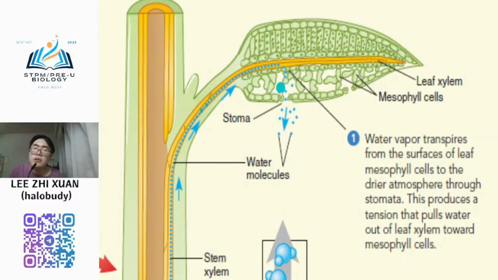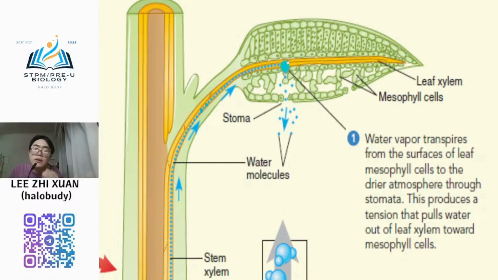So your water molecules need to be replaced for photosynthesis to be efficient and maintained during the sunny day. How is it replaced? It will come from the xylem vessel, the leaf xylem vessel.